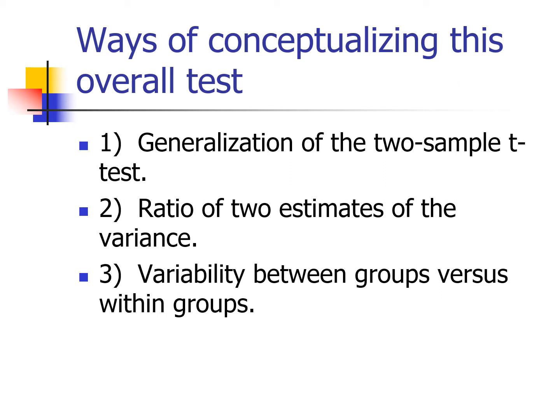We can also conceptualize this, just like we did for regression modeling, as looking at the ratio of two estimates of the variance. And then finally, we can look at it as comparing the variability between groups relative to the variability within groups.